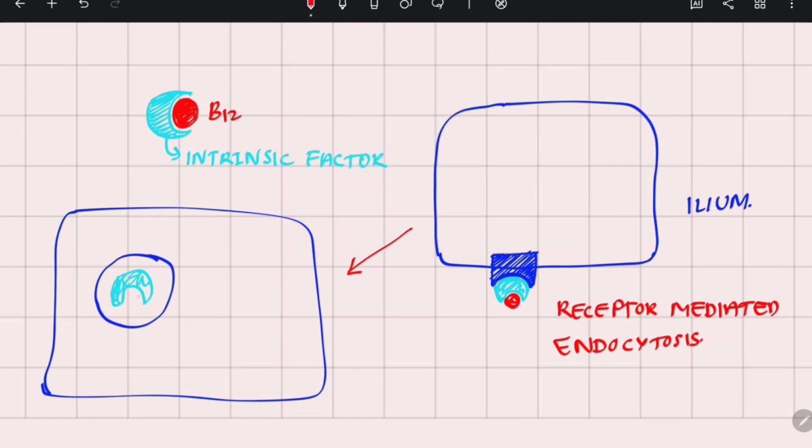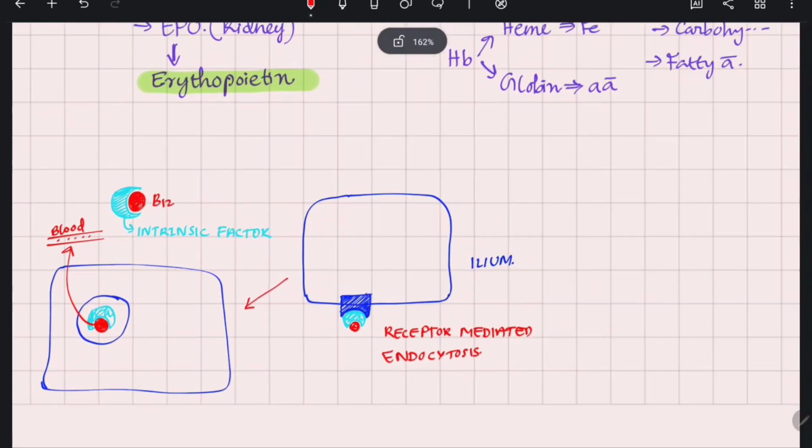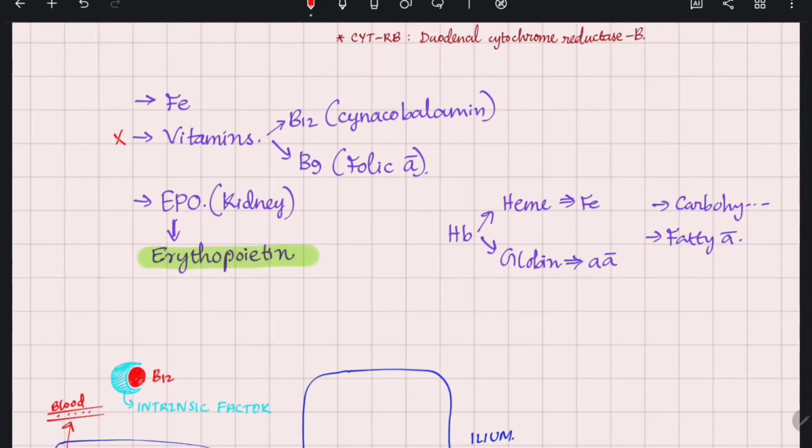From this vesicle, the B12 will detach from the intrinsic factor and go to the bloodstream. So this is how these two key components reach the blood and later the bone marrow, where erythropoiesis takes place.